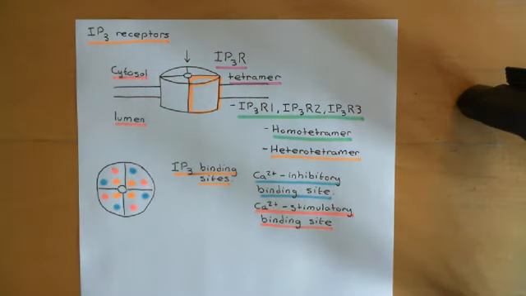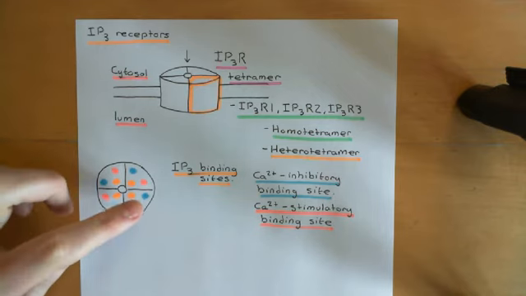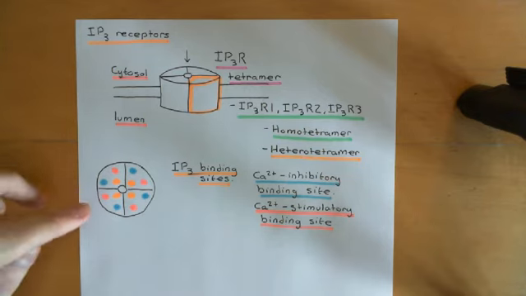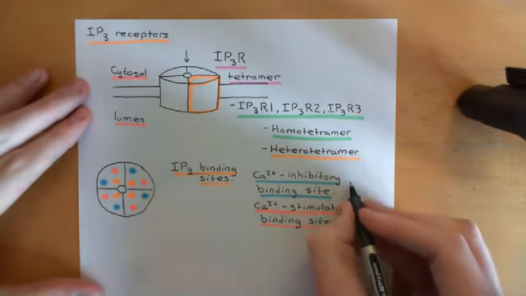Okay, right. So this is the idea then. Let's say that we have not got any IP3 being produced yet. So there's no IP3 in the cytoplasm, and there's not any IP3 bound to these 4 IP3 binding sites. In this pre-IP3 state, the inhibitory calcium binding sites, these binding sites in blue on each of the 4 IP3 receptor subunits, have a high affinity for calcium, and the stimulatory calcium binding sites have a low affinity.